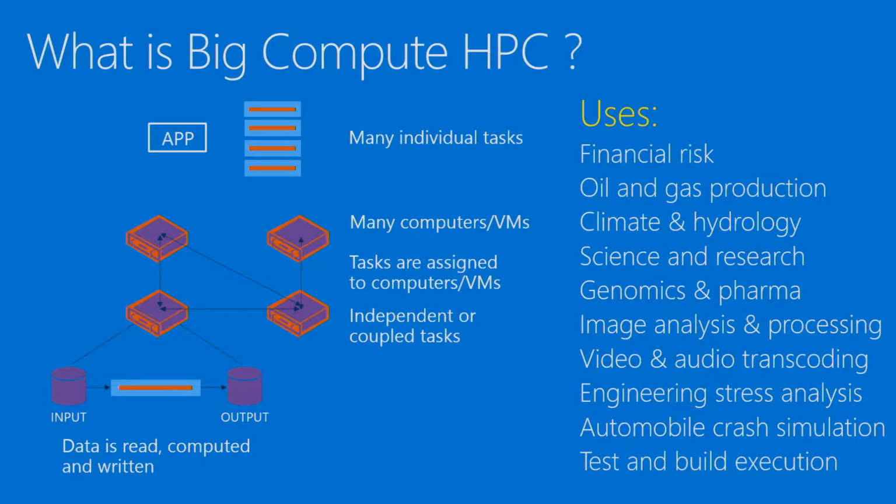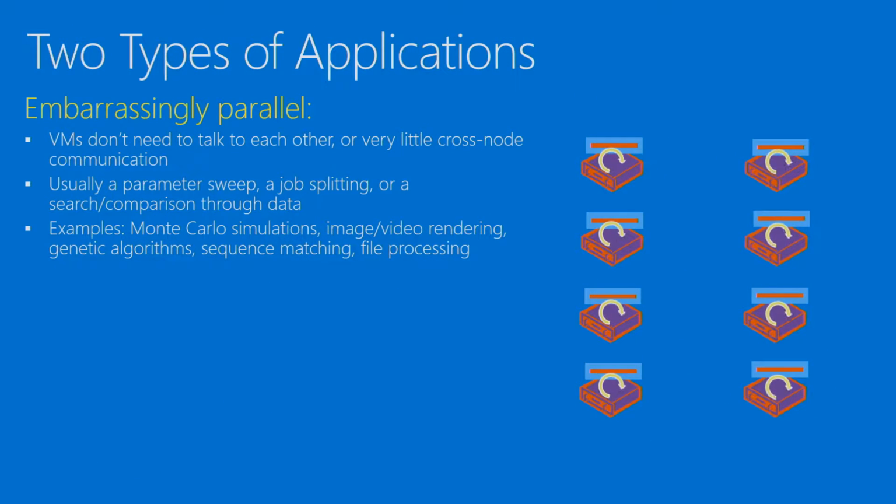And then we have teams internally in Microsoft, and this is another new area, test and build execution. If you're a software development company, if your build processing takes a long time, you could parallelize it across hundreds of machines, and Azure Batch, which is one of our services in Azure, can handle that. So different use cases across different industries.